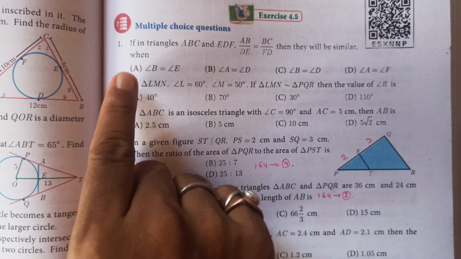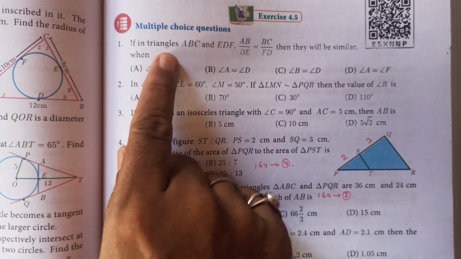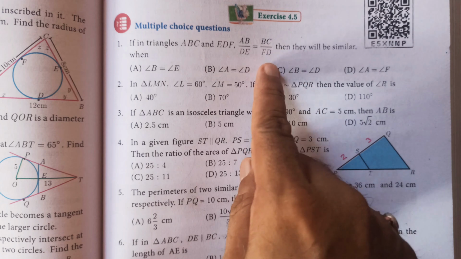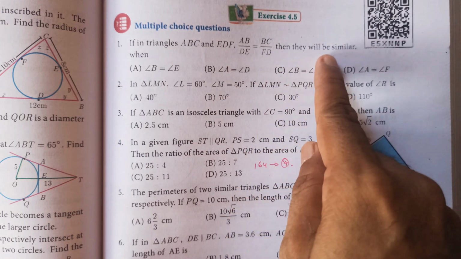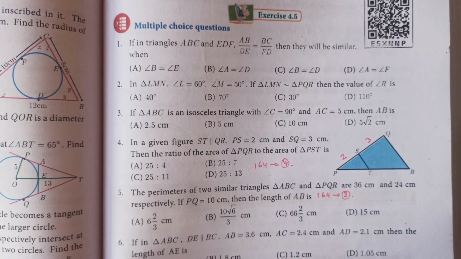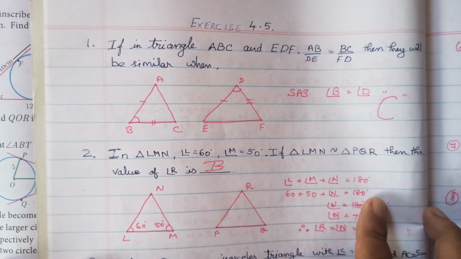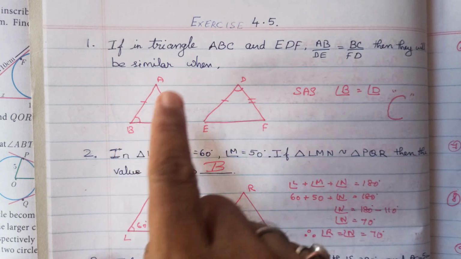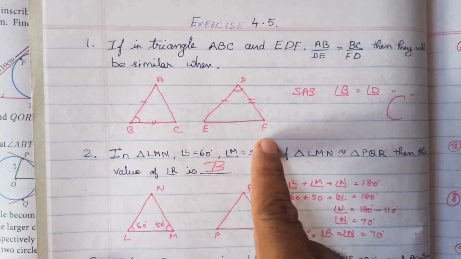Okay, so the first question given here is: in triangles ABC and DEF, if AB by DE is equal to BC by FD, then they will be similar when? What we do first is draw two triangles ABC and DEF.